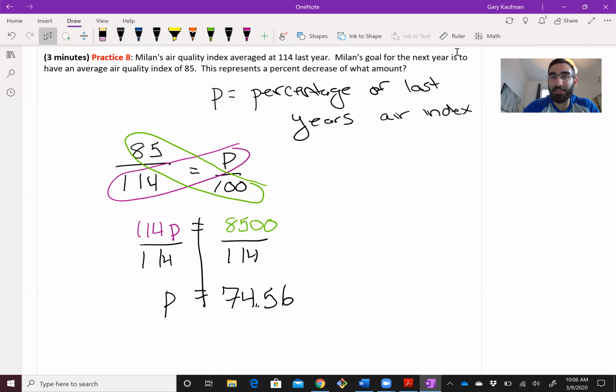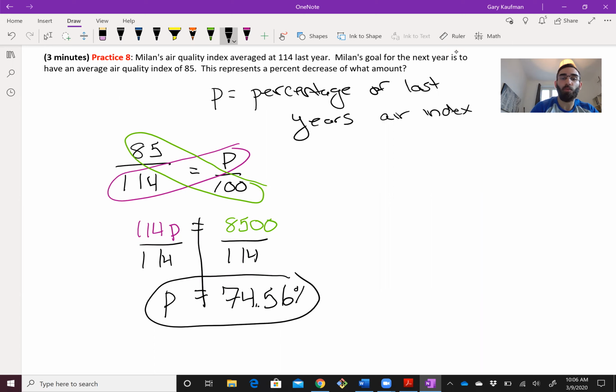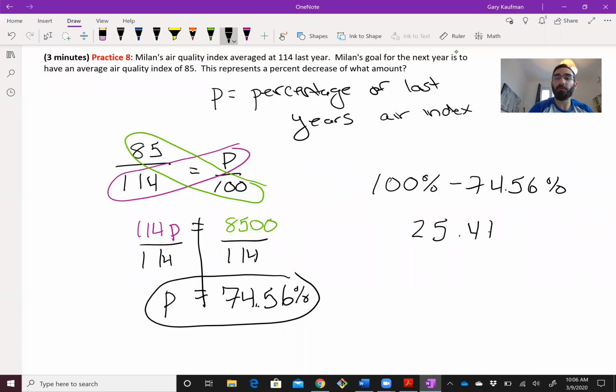So I did this as percentage of last year's air index. So I used the number 85. Now, when I got this percentage right here, that represents what it is compared to last year. Well, I want just the decrease. So I have to say the 100% minus where it is now, and therefore I get the answer 25.44% decrease is their goal.